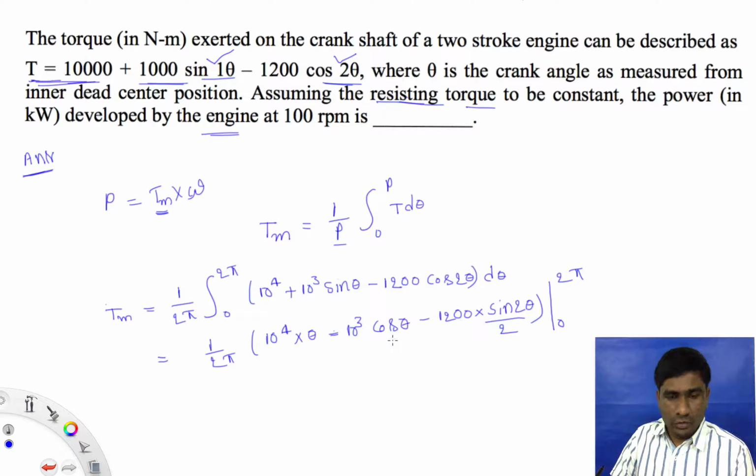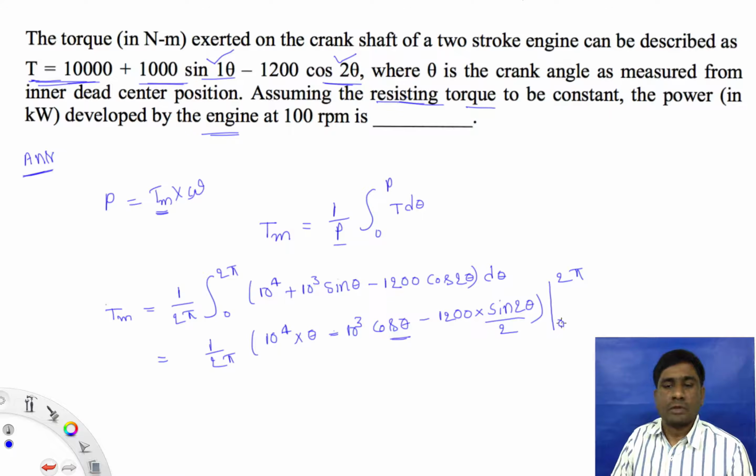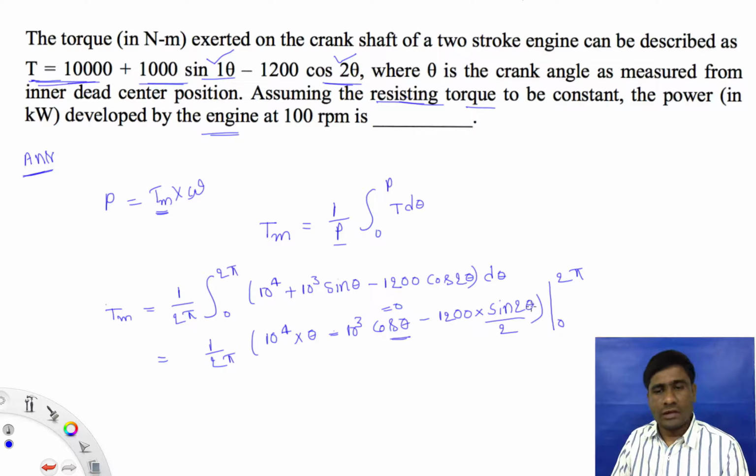So for example, if I take a cos term, if I substitute 2 pi in the cos theta, that is the 1, and if I substitute 0 in the cos theta, that is also 1. So 1 minus 1, it becomes 0. And sine 2 theta, if I substitute 2 pi in the place of theta, then it's a sine 0, that is 0. And again, if I substitute 0 in sine 2 theta, again that's a 0. So this term also becomes 0.